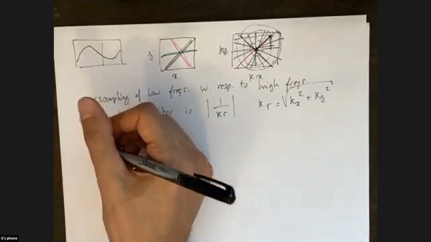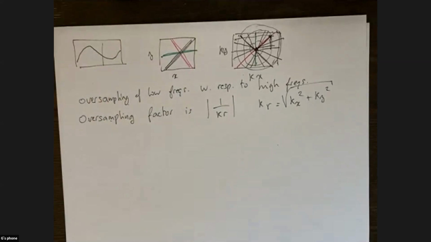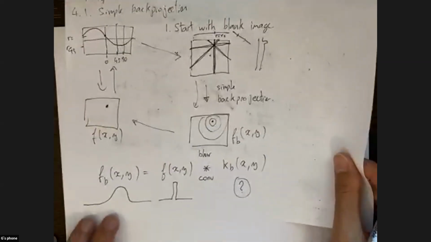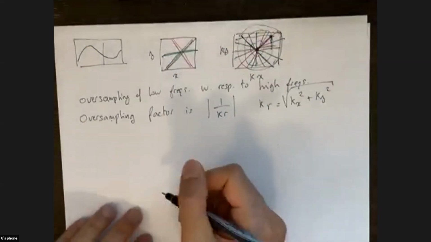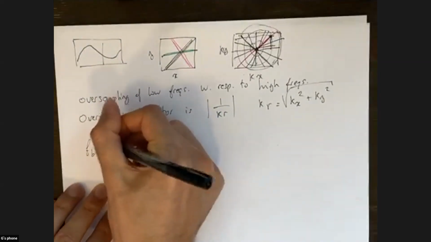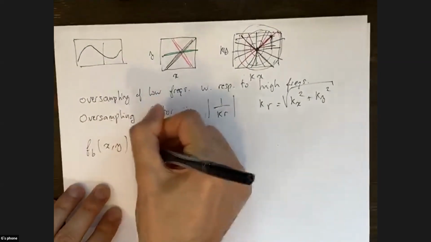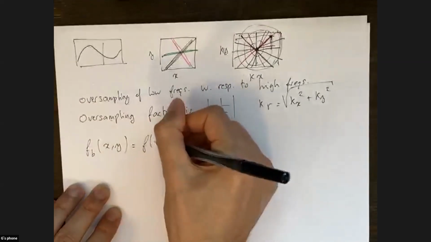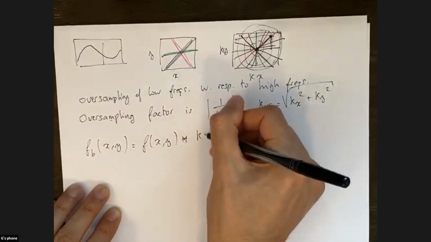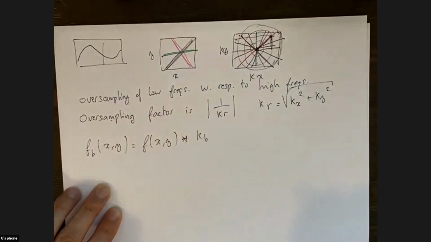equation we had before, let's see, where is it? So yeah, if you remember this equation we talked about, we had FB of X, Y equal F of X, Y convolved with some blurring kernel that was unknown.